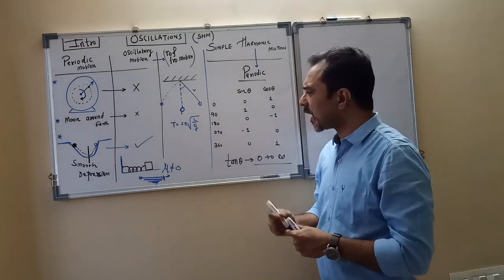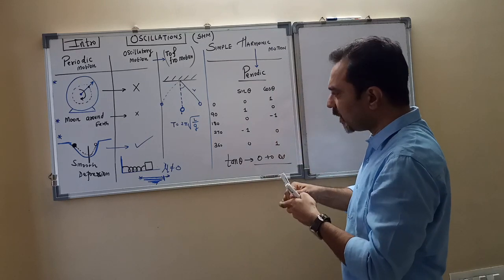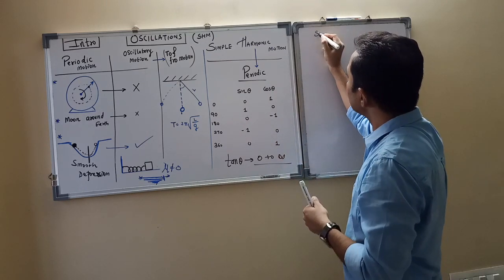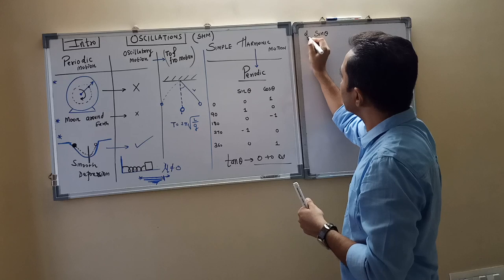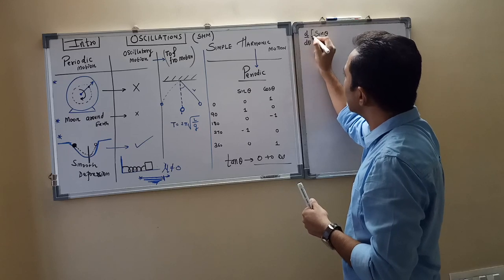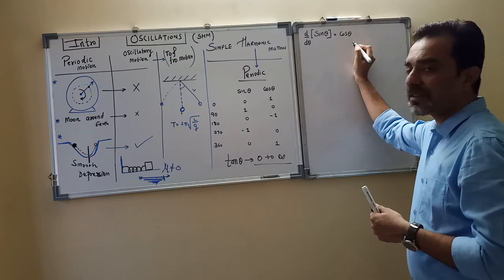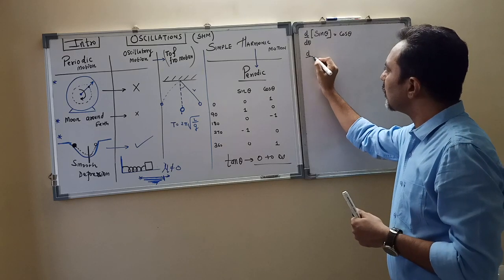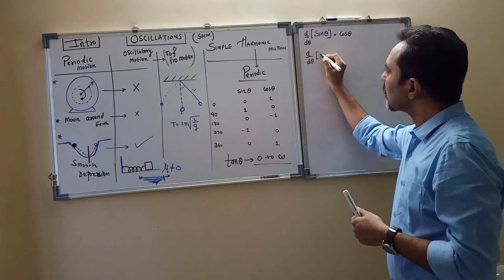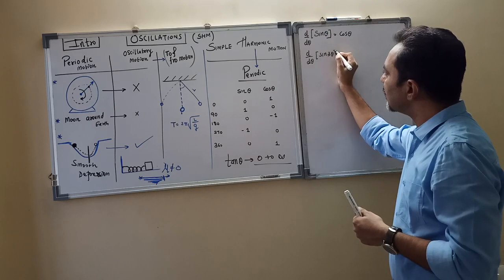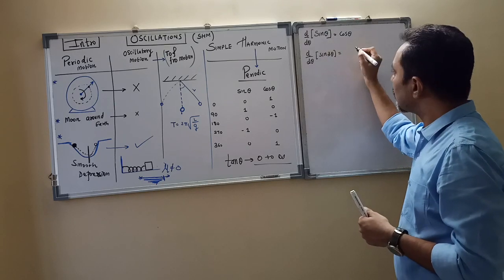You all know sin theta, cos theta are coming, so the derivative, basic terms, that's why I'm writing: the derivative of sin theta is what? Cos theta, right? And what is the derivative of sin 3 theta? It will be 3 cos 3 theta.